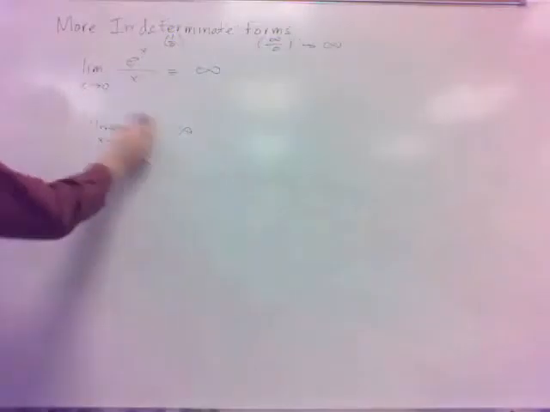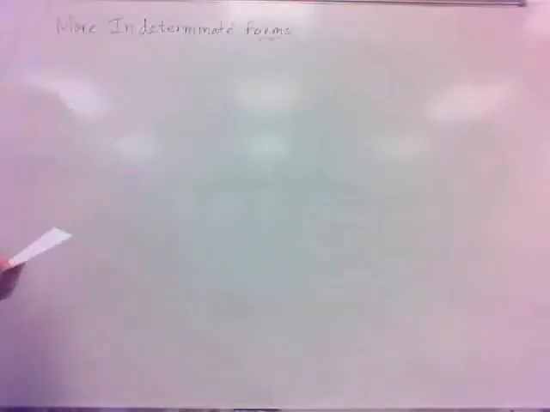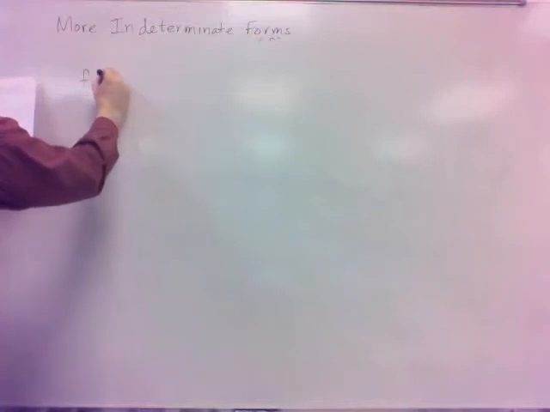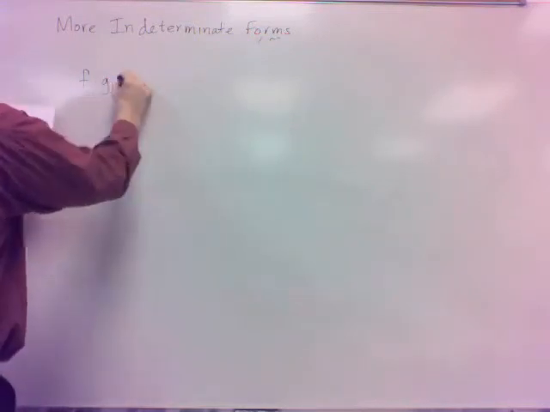Now, there are some others that we need to talk about a little bit. There's a little more technique to it. Turns out some of them, we are going to need a little trick that, well, probably nowhere else you would have need of. But here's a little fact here. You've got f times g.